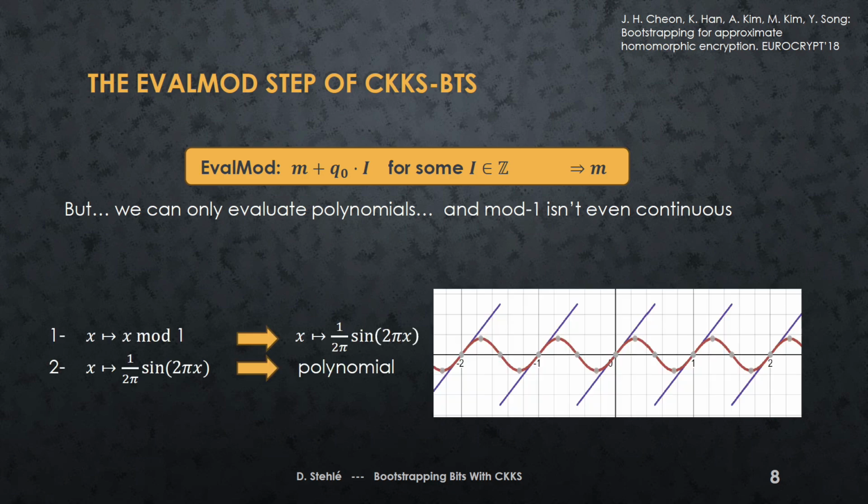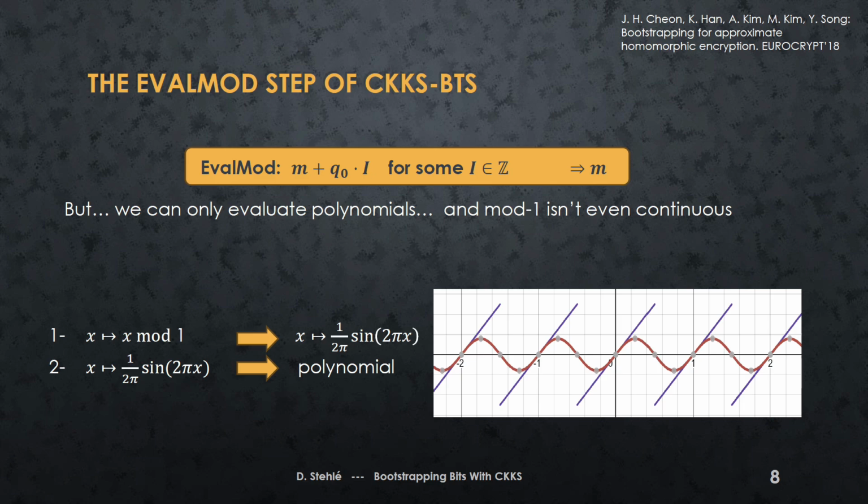So in CKKS bootstrapping, to do this, there are two steps, at least for sine. So one is to first replace x mod 1 by a trigonometric function, which is a good approximation to the mod 1 function around integer points. So it's replacing the blue curve by the red curve.